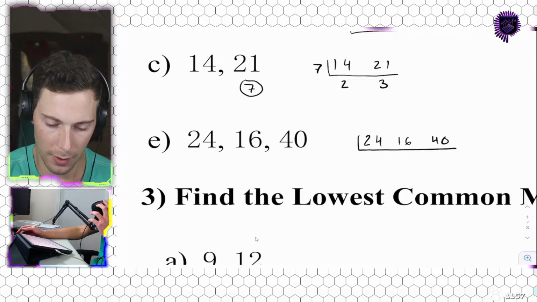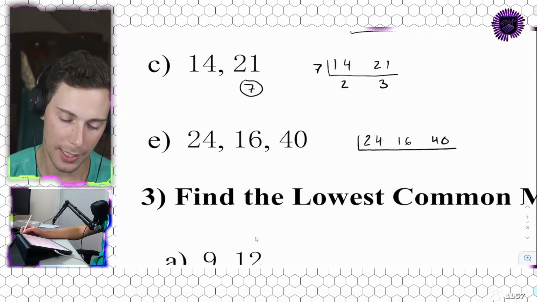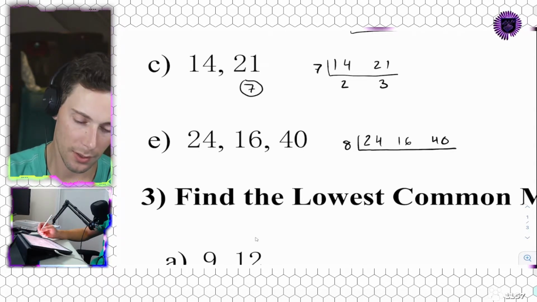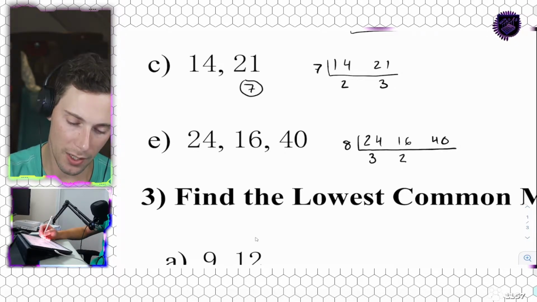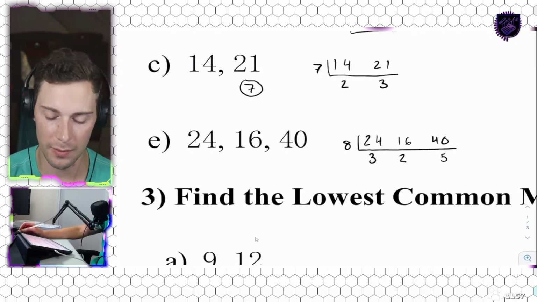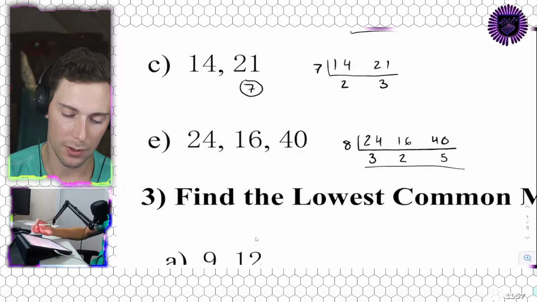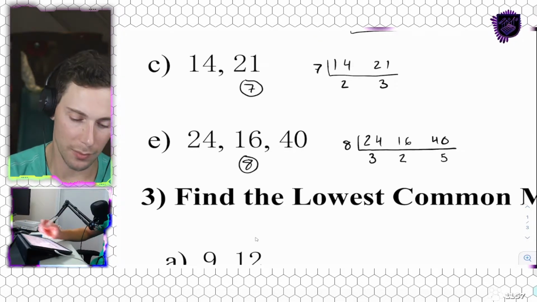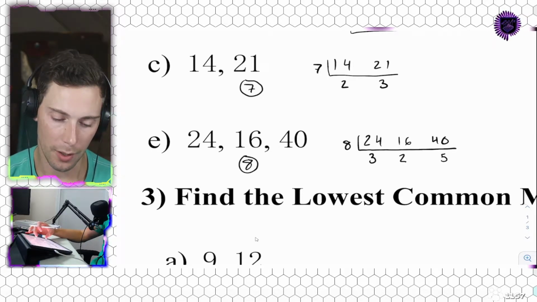So 12's too big. 8 does, let's go 8. So 8 is a common factor. It goes into 24 3 times, 16 2 times, and 40 5 times. And all of these numbers don't have a common factor greater than 1. So 8 is going to be our greatest common factor.